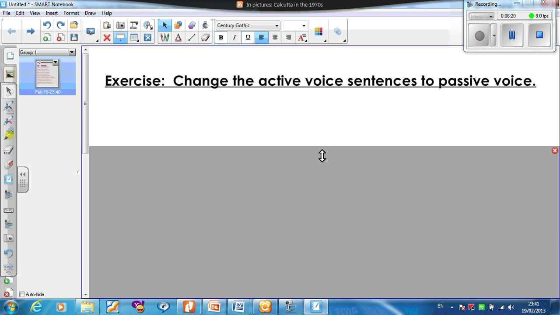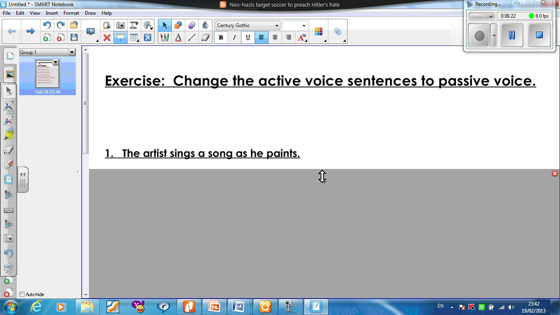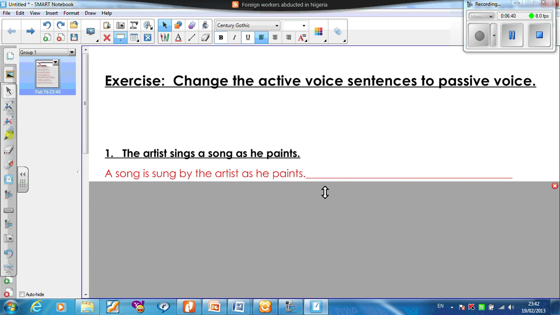Let's see the first one. The artist sings a song as he paints. Now remember that we want to change the sentence from active voice to passive voice. Let's see the answer.